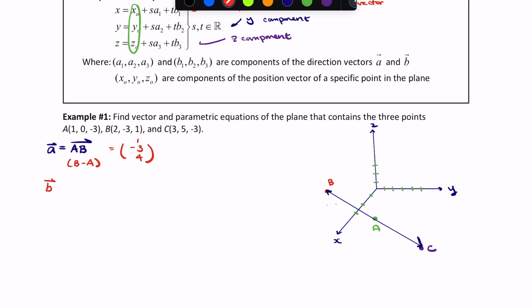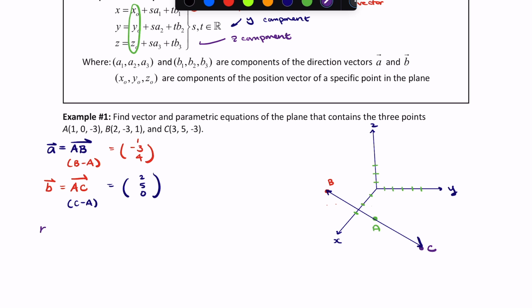And for vector b, that can be represented by vector AC, and that would be C minus A, so that's equal to (2, 5, 0).